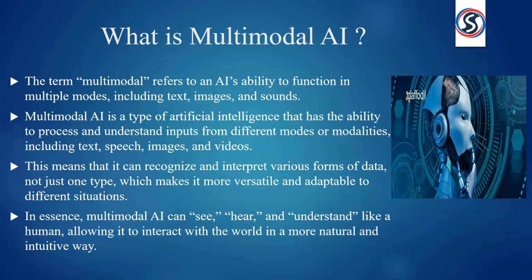Whatever form of data you give, it will recognize. In essence, multimodal AI can see, hear, and understand like a human, allowing it to interact with the world in a more natural and intuitive way.